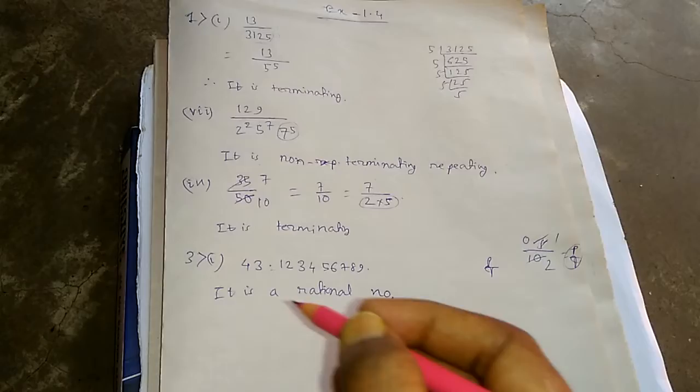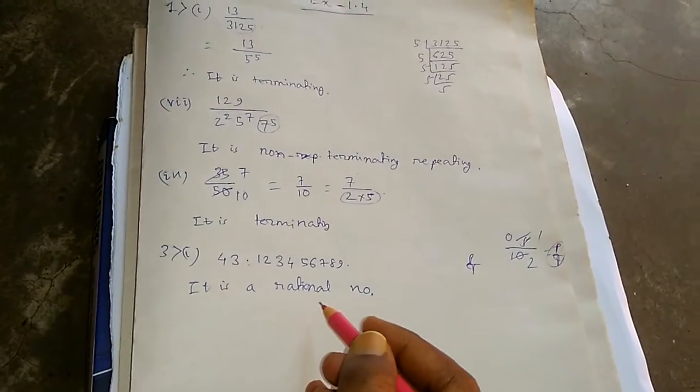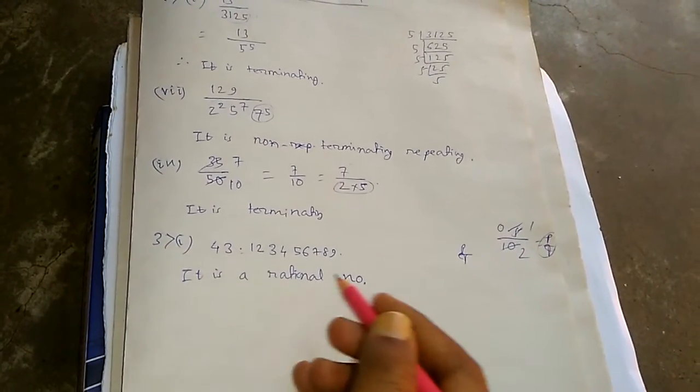So now we have to show that the prime factors of q will be either 2, 5 or others.